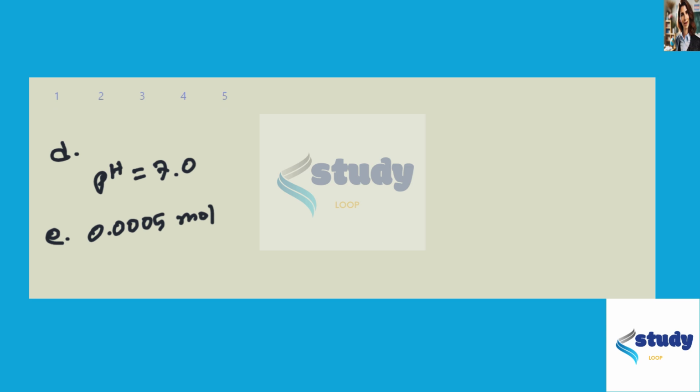So this is the number of moles of HCl in 5 ml, since it has a concentration of 0.1 molar. Now this is the number of moles of HCl added in excess and we have to find its concentration by dividing this value by the total volume of the solution.